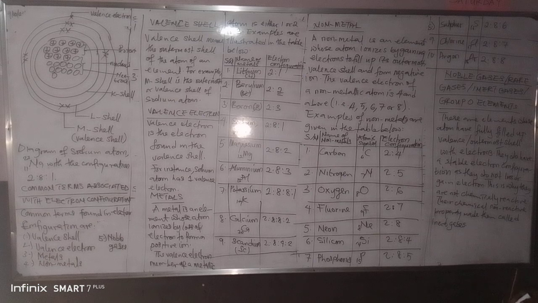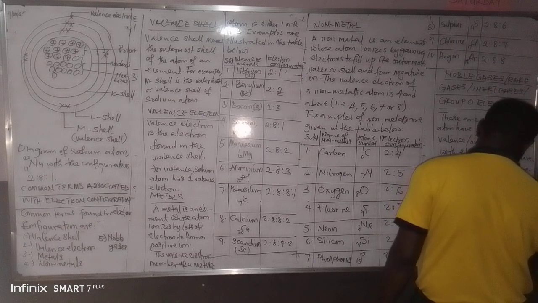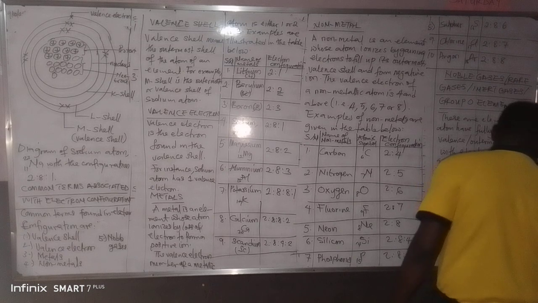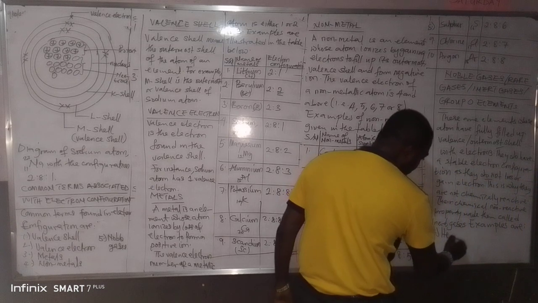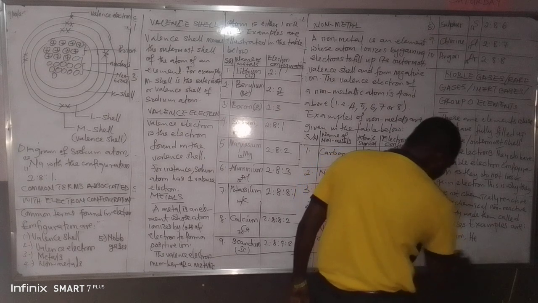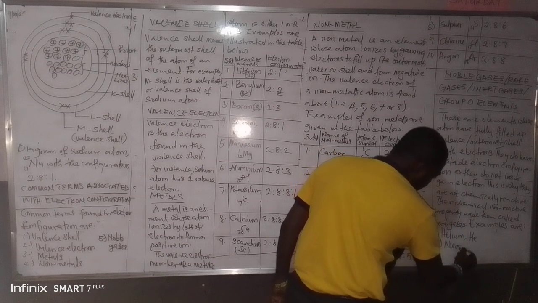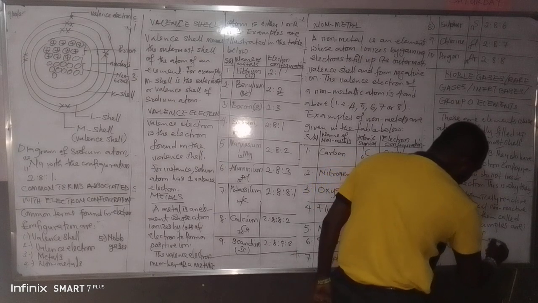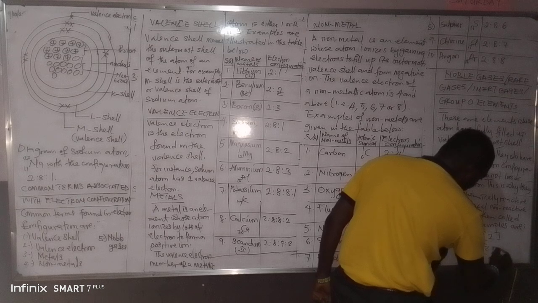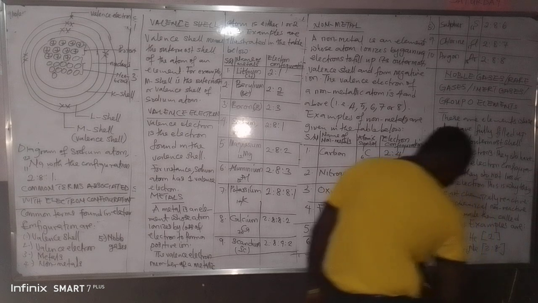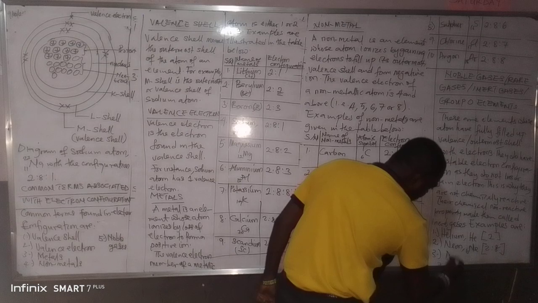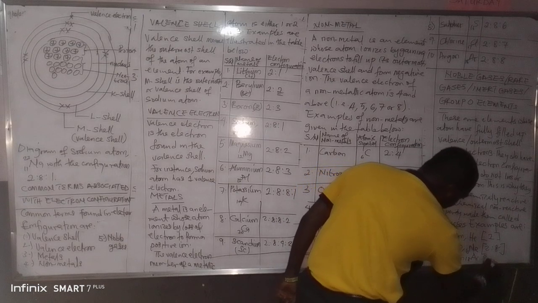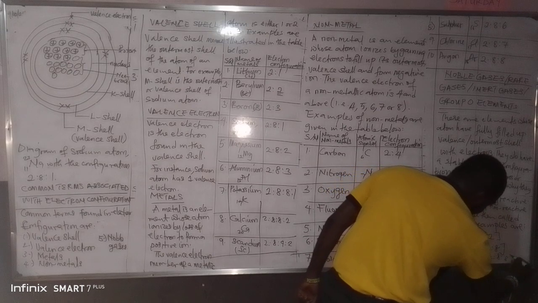Inert gases. Now take note of one thing. Examples are helium, He, 2, neon, Ne10, which is 2 to 8, then we have argon, Ar18, which is 2 to 8 to another 8.